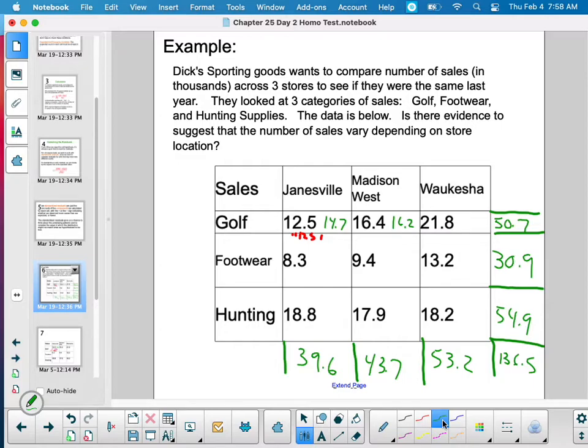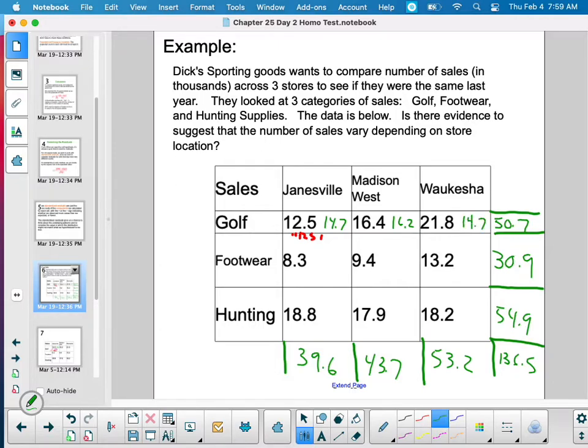So who had Waukesha Golf? What did you get for Waukesha Golf? For the expected value, yes. 14.7.